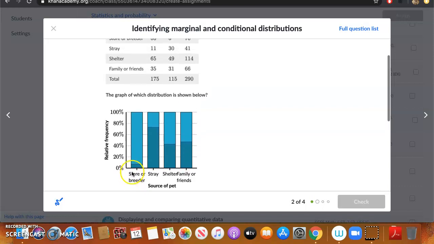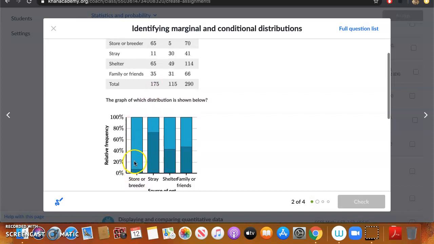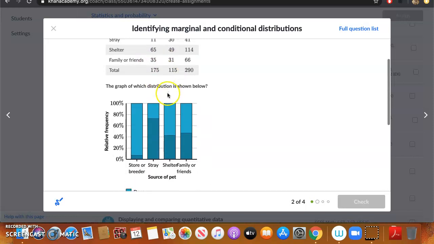So each of these is broken down row-wise, by row. Because it is by rows and by percentages, it definitely looks like a conditional distribution: the percentage of either cats or dogs for each source.